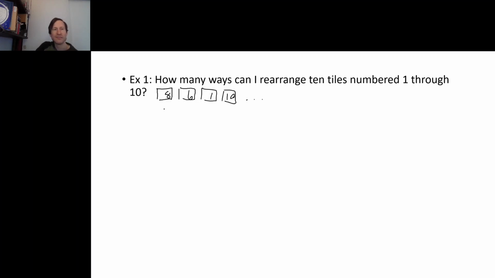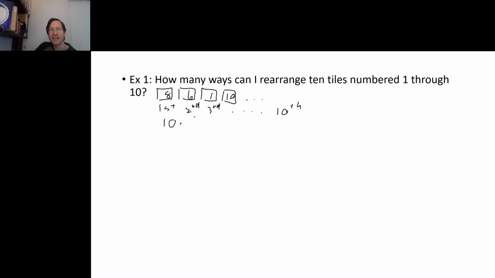Well, let's think about the choices that you have to make along the way to actually determine an arrangement of these tiles. So you have to pick a first choice, and then you have to pick a second one, and then you have to pick a third one, all the way down to your 10th tile. How many choices are there for the first one? Well, at the beginning you have 10 tiles to choose from, so for your first, there's 10.